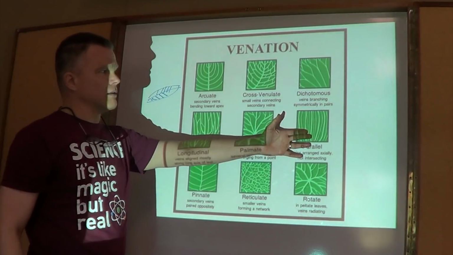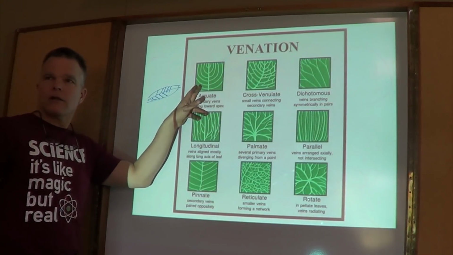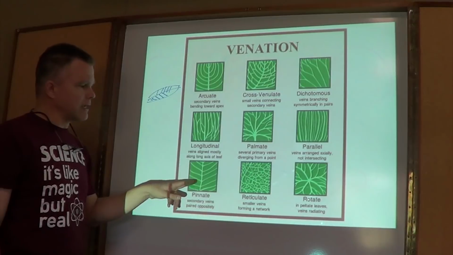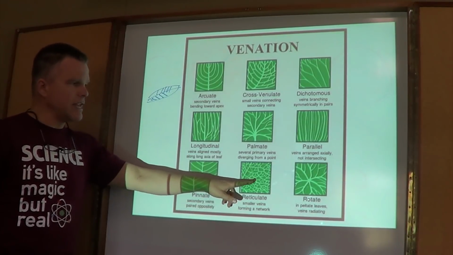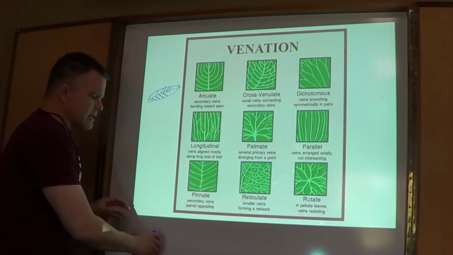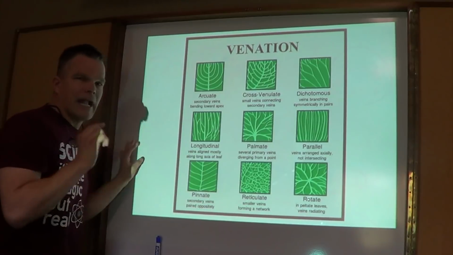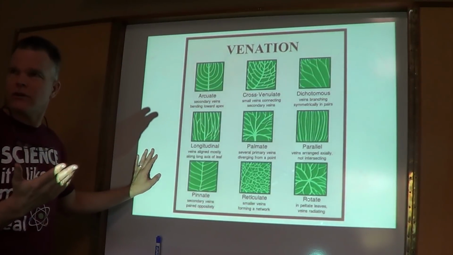Sometimes they're parallel. Sometimes they branch. Sometimes they're shaped like a menorah here. Here like a parking lot. Here's a net. So there is no one way to do it. The answer is in the plant that's in front of you.